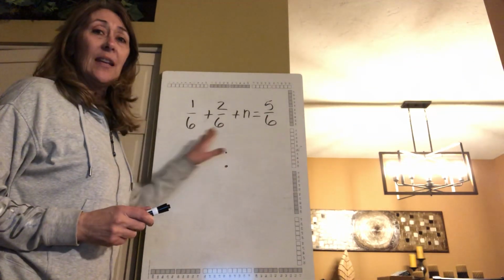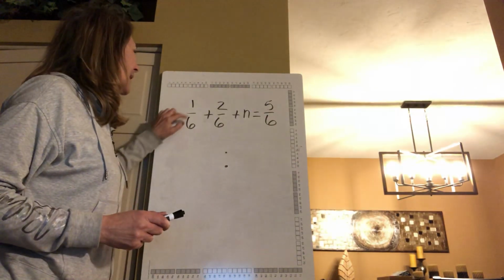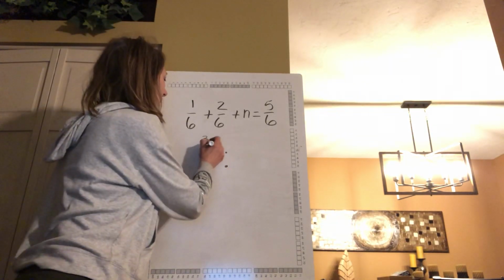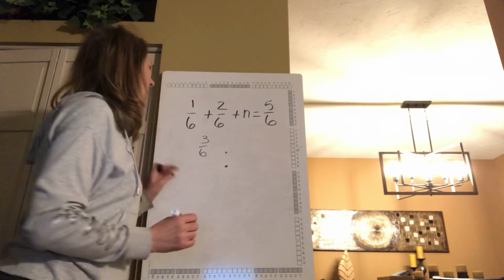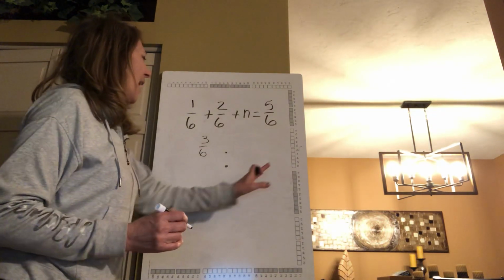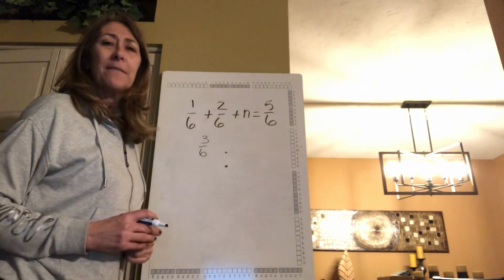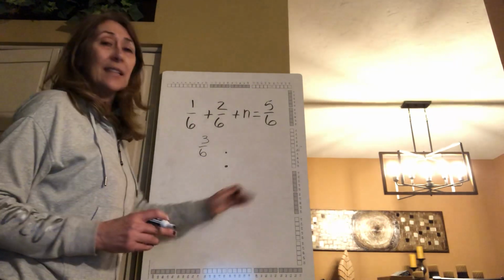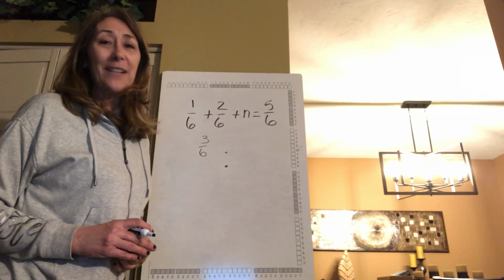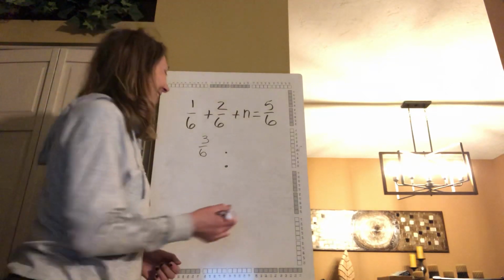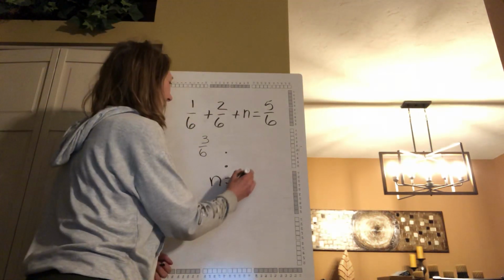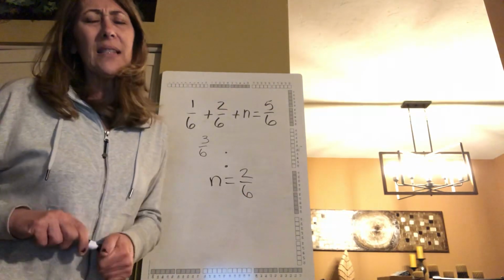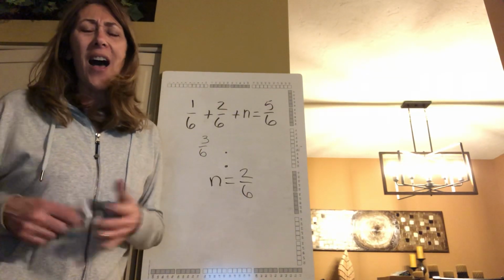This side equals this side. 1/6 plus 2/6 are how much? 3/6. And we have to have it equal 5/6. So to get from 3/6 to 5/6, n has to equal, you're right, n equals 2/6. This is the basics on fractions.